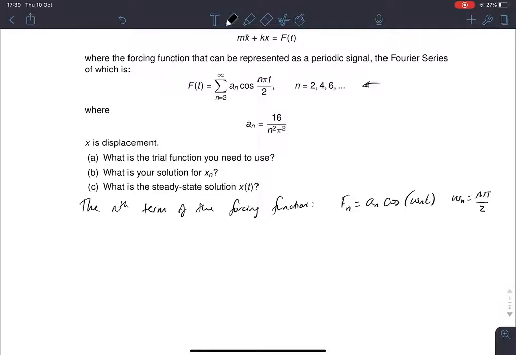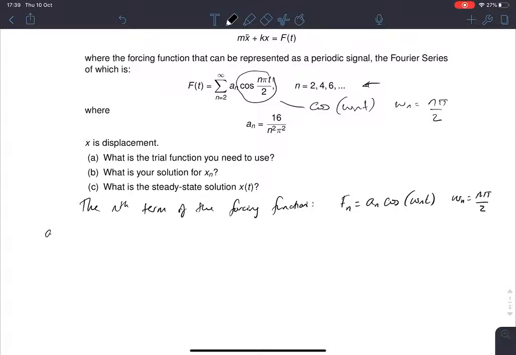You can see that this bit here is cosine omega n t, where omega n is n pi upon 2. So there's our F n, and what this process requires us to do is to find x n for this solution, and then we add them up using the sum that we've got here to get the final solution.